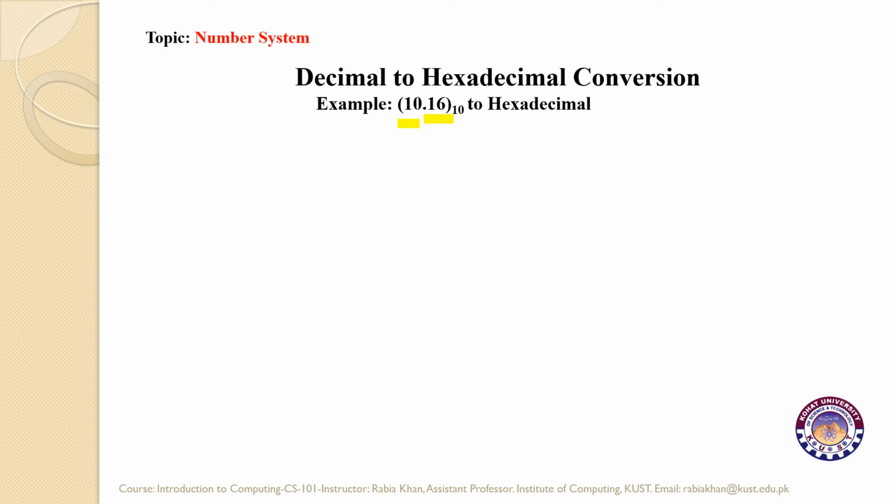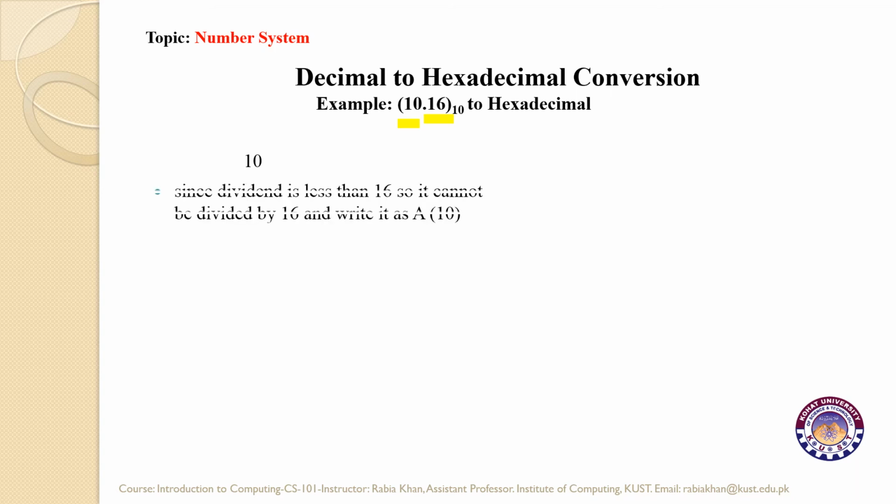The integer part is successively divided by 16 while the fractional part is successively multiplied by 16. So let's first convert the integer part. Here you can see the integer part is 10 and 10 is already within the range of hexadecimal number. It cannot be divided by 16.